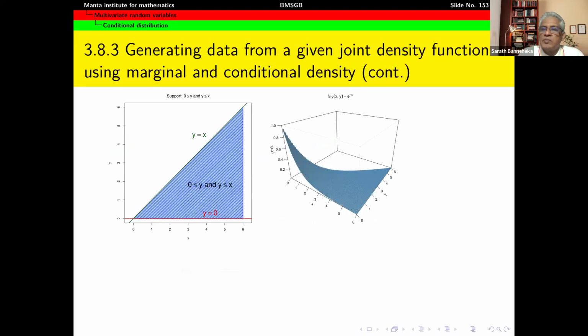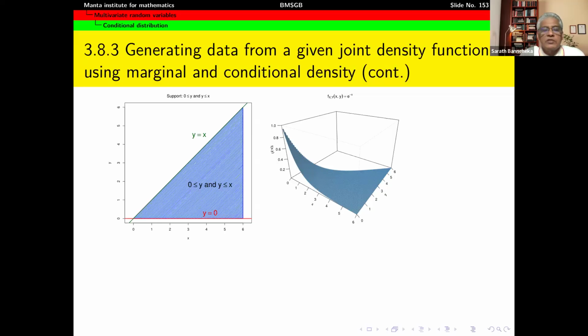As I have already mentioned, it is always good to draw the support of the joint density function, especially when we want to integrate the joint density function to get the marginal density function and the conditional distribution. It's always useful to look at the support.